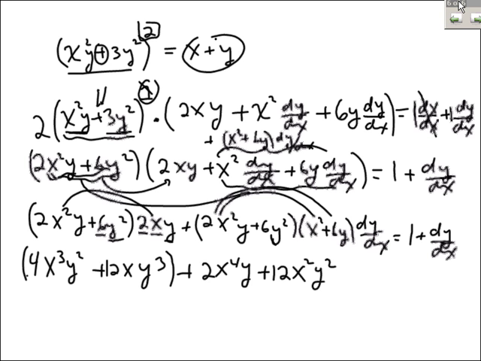Now we distribute the 6. You get plus 6 x squared y squared plus 36 y cubed. And all of this is dy/dx.